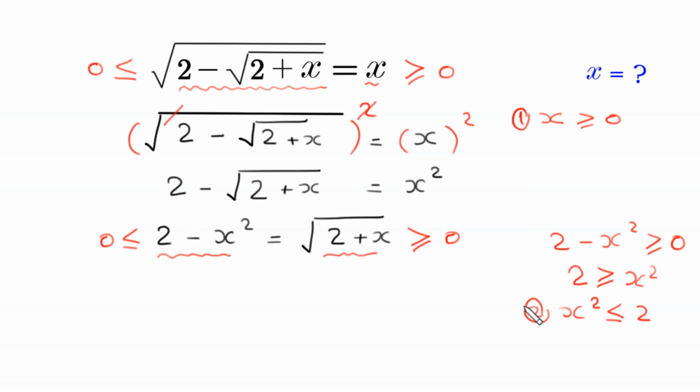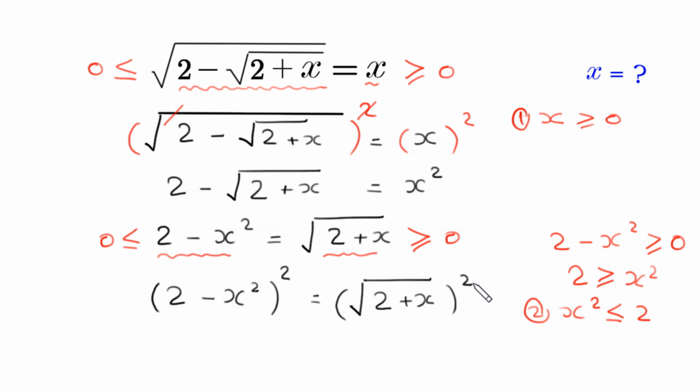Now let's continue by squaring both sides of this equation. On the left hand side we have 2 minus x squared, and we take the square, equal to, on the right hand side we have square root of 2 plus x, and we take the square.